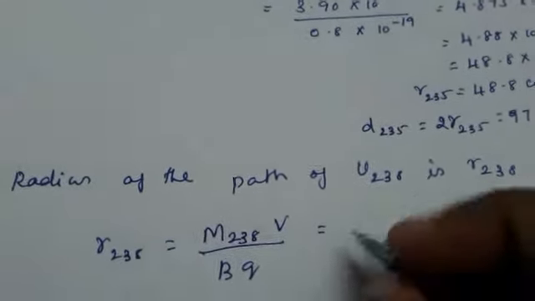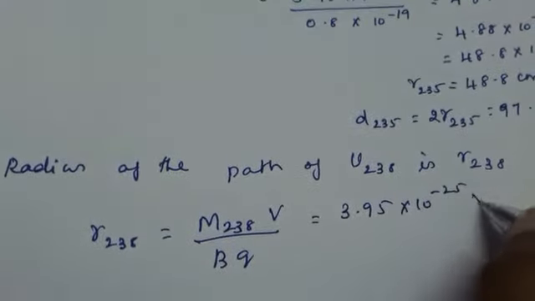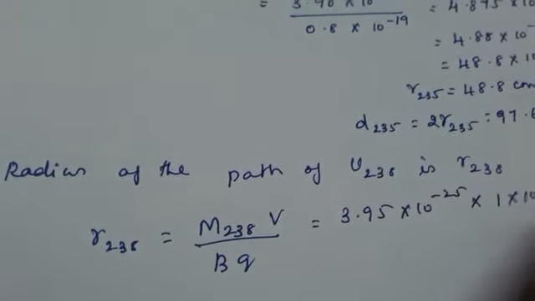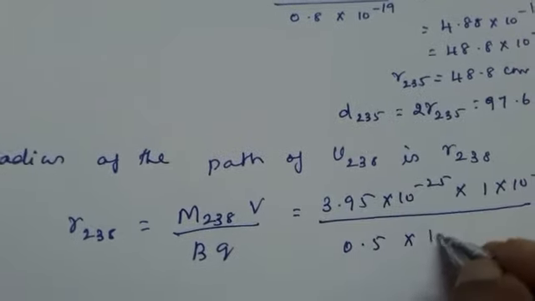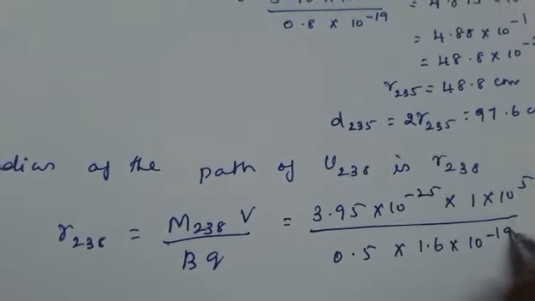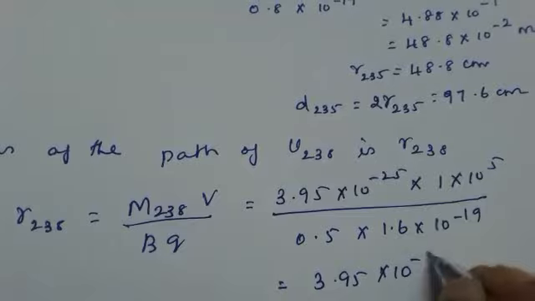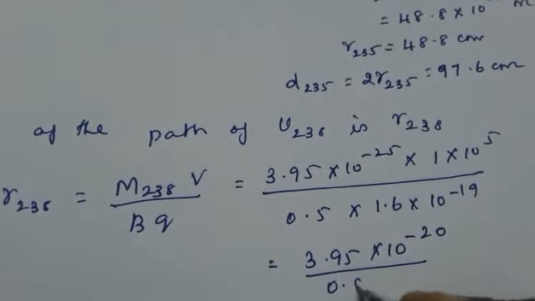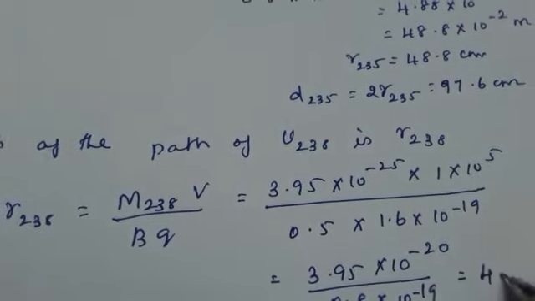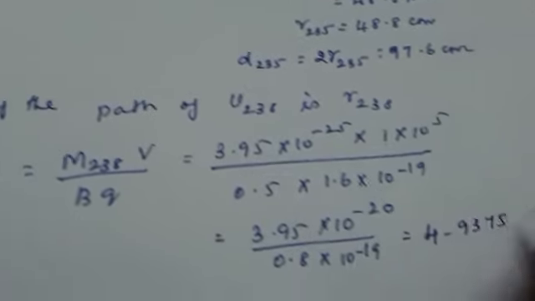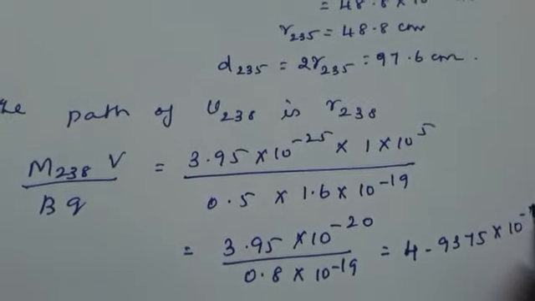M238 is 3.95 into 10 raised to minus 25 into 1 into 10 raised to 5, divided by B value 0.5 into 1.6 into 10 raised to minus 19. So this is 3.95 into 10 raised to minus 20 divided by 0.8 into 10 raised to minus 19. This value is 4.9375 into 10 raised to minus 1.